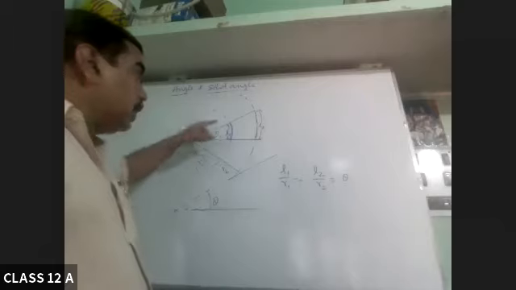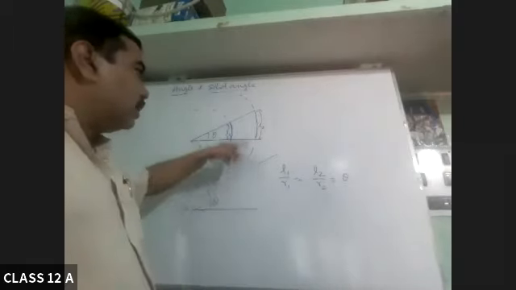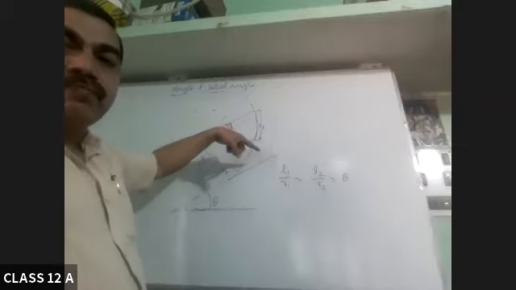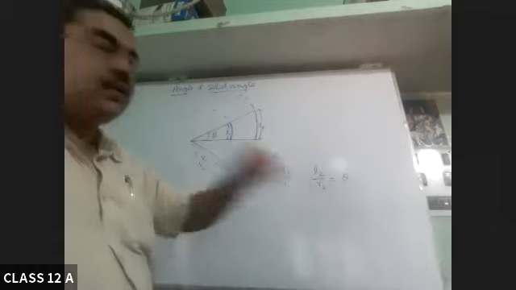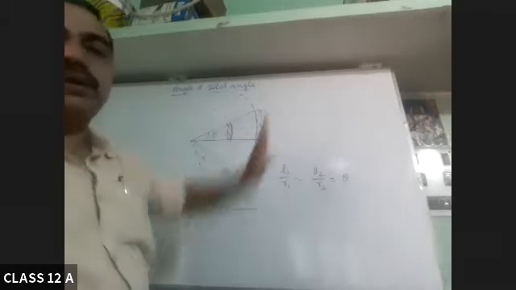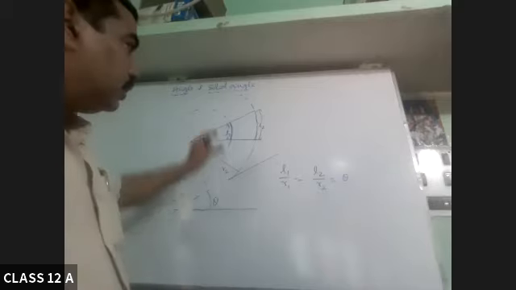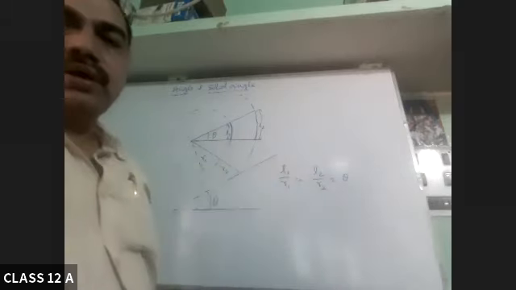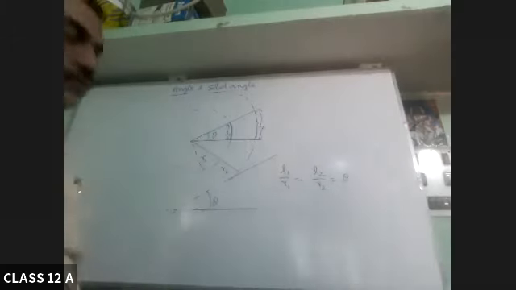This is length of arc over radius. If you take a larger radius, naturally the length of arc will be more. So the ratio of these two will always be constant if you don't change the inclination of the straight lines. For a particular inclination, the ratio of these two will be constant, and that constant we call angle.